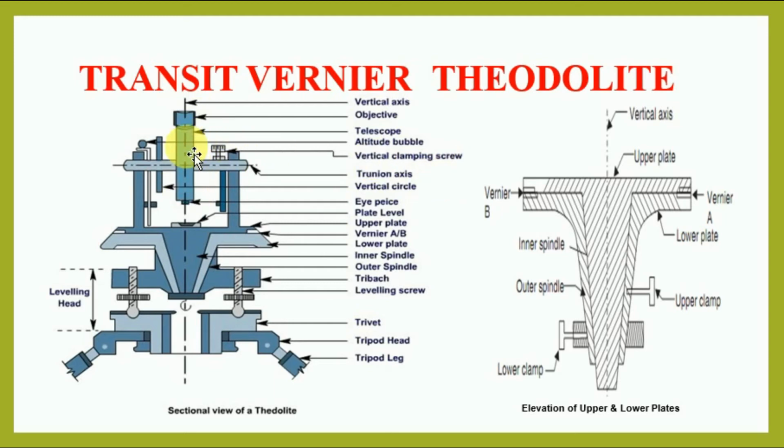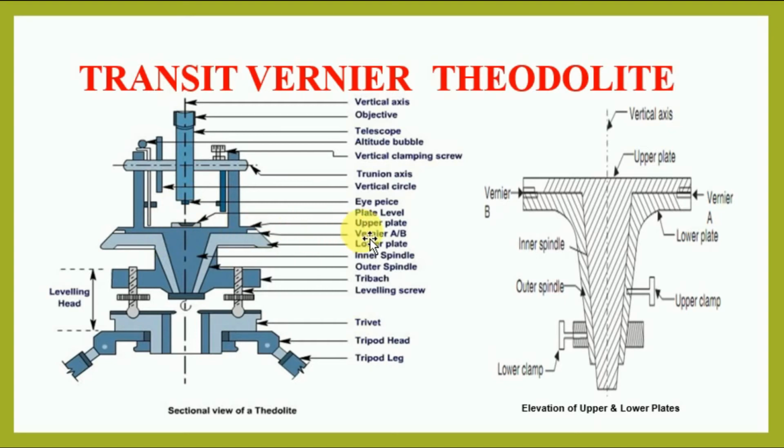Wherever measurement is needed, this clamping screw can be used. Moving downward, there is a plate level which is used for leveling whenever there is a requirement of horizontal angles.